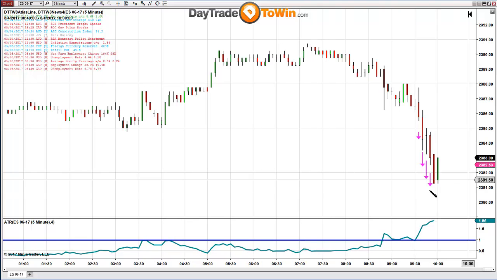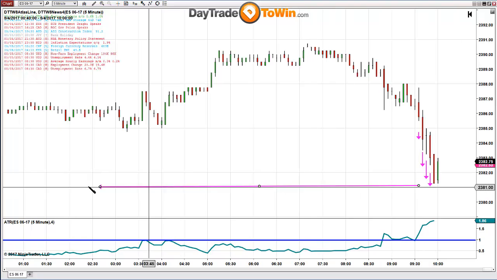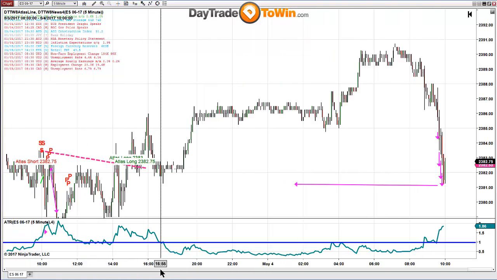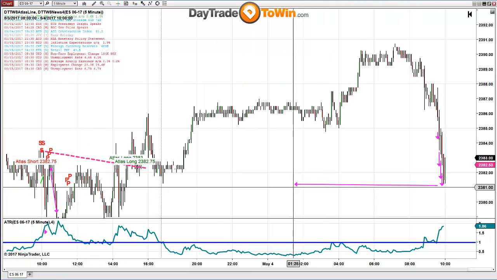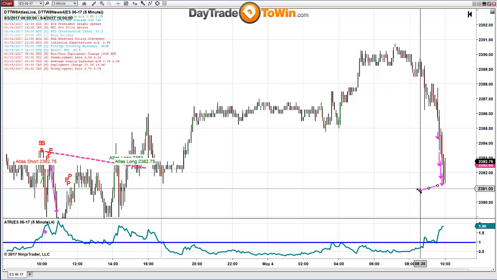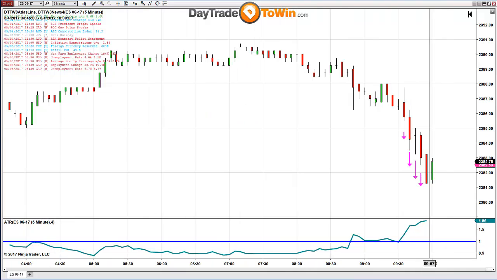So if I look back, a lot of you may think, and I think it's a good idea to look to see if there's some type of major support or resistance that happened in history, but there's nothing here. I'll just crunch up the chart here a little bit more. There's nothing here that I could say definitively that the market would stop there. So this is actually a very unique way to look at the market, nothing complicated.